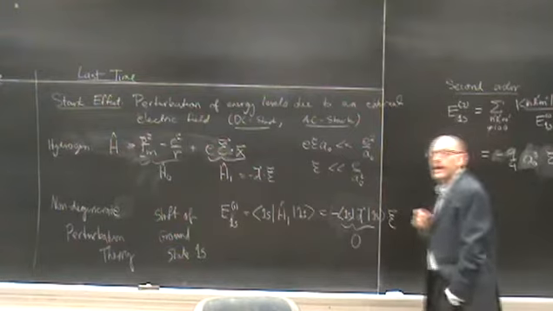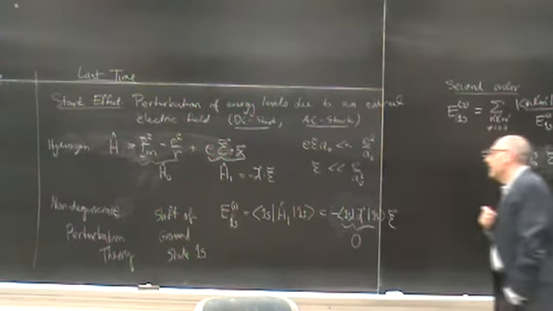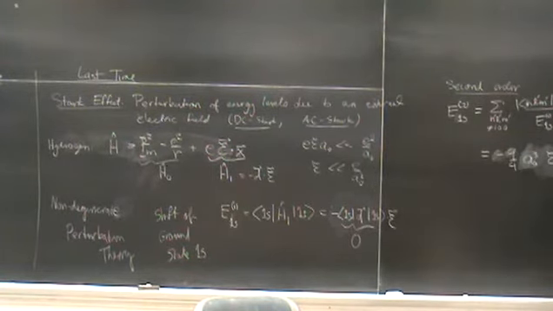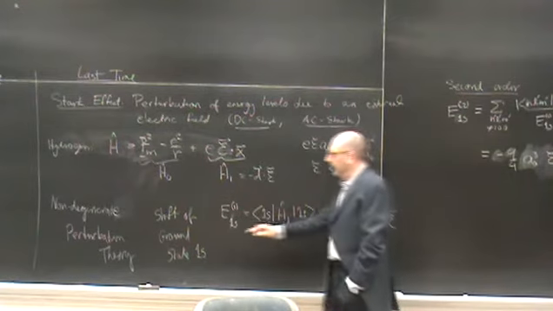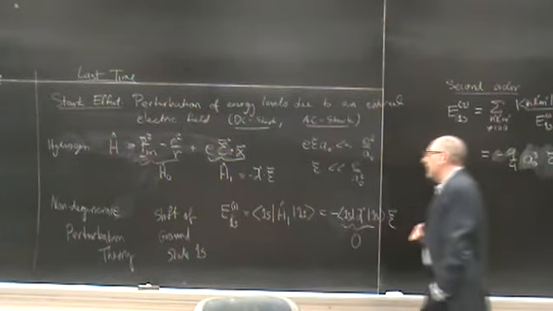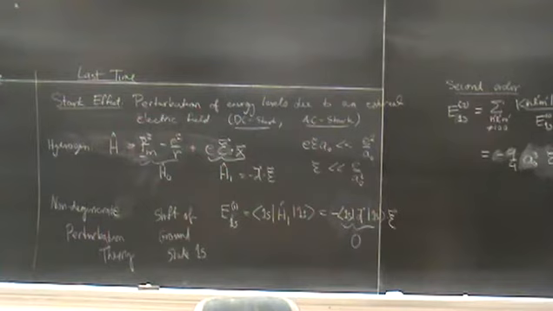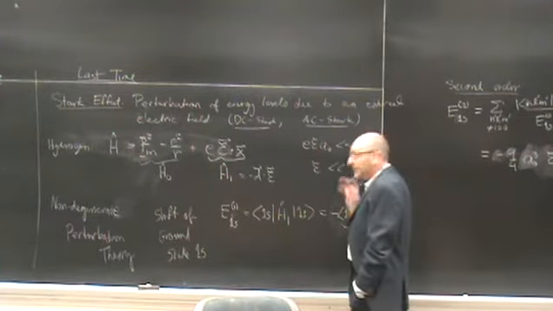And what we showed last time, well, firstly, the lowest order shift, the first order shift in the energy for any of the stationary states labeled by nlm is going to be 0.